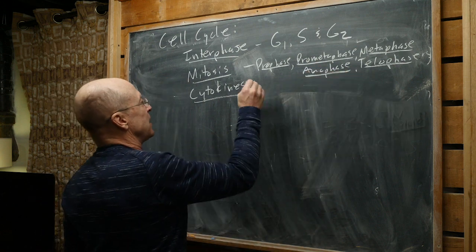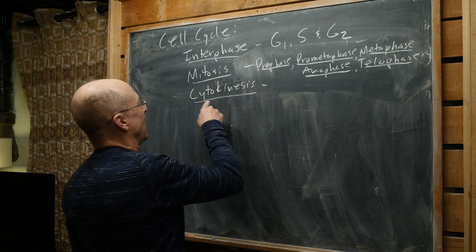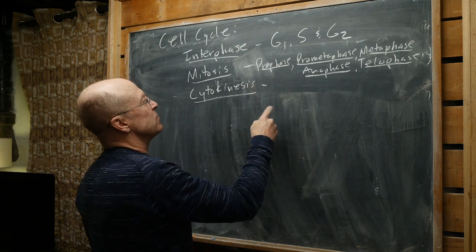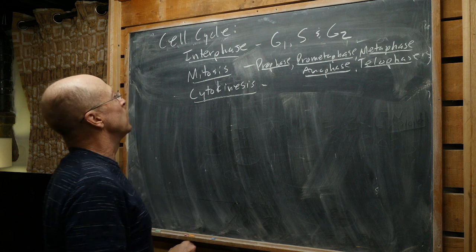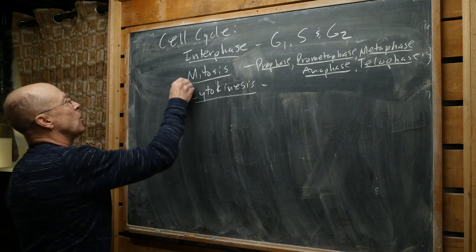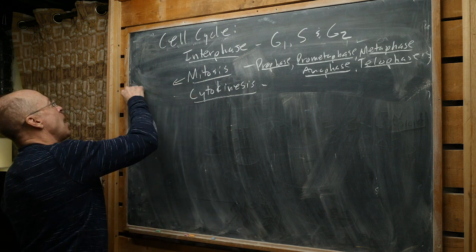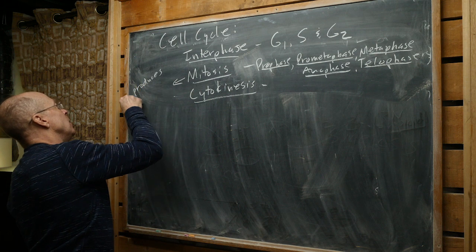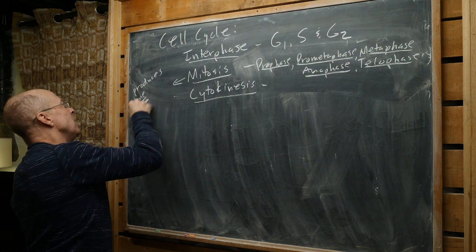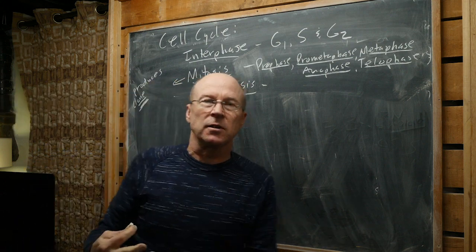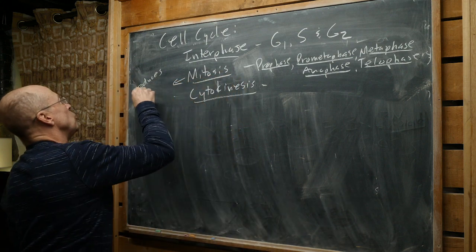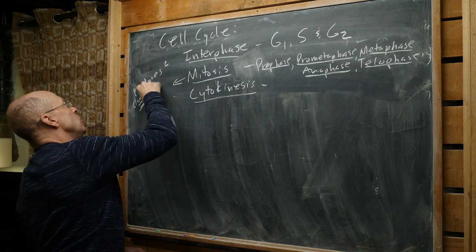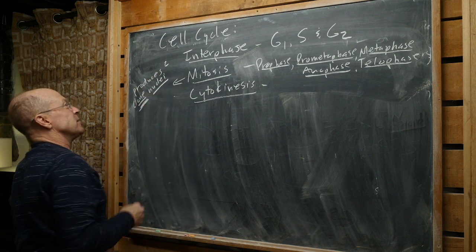And then after that is cytokinesis, which actually is its own thing, which is the division of cytoplasm between two new nuclei. So mitosis produces daughter nuclei. So I'm going to use the word clone, which implies genetic equivalency. So it produces two clone nuclei in our simple way.